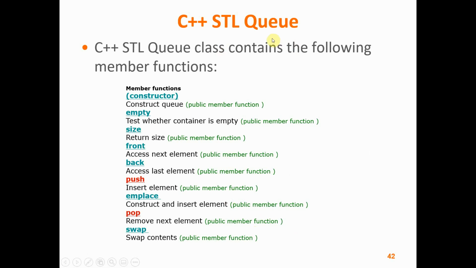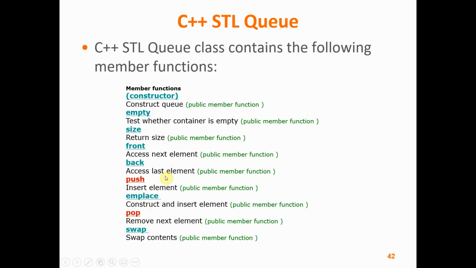The last thing I wanted to mention is that the standard template library in C++ has a class implementation of queue. It has member functions similar to what we saw. Push and pop are the functions for enqueuing and dequeuing, or insertion and removal.